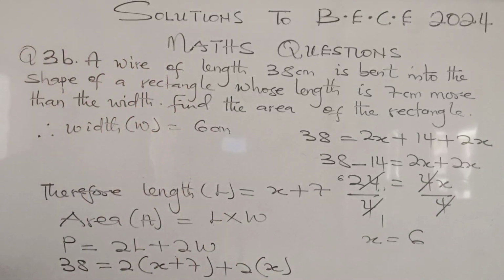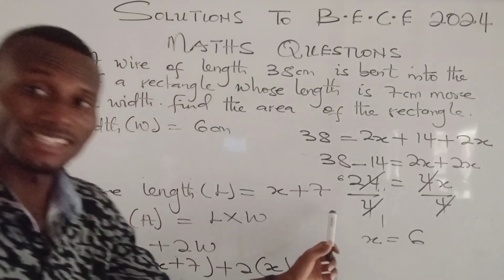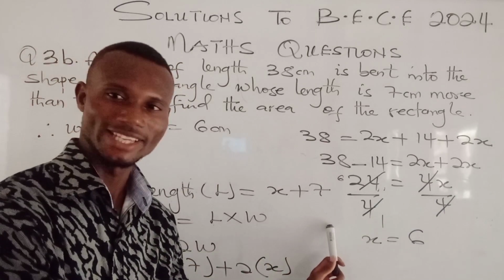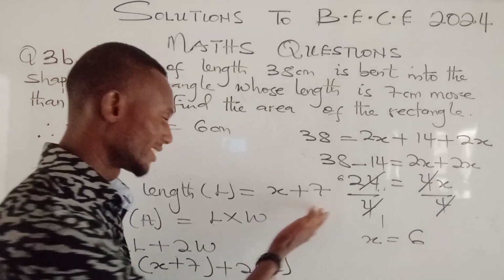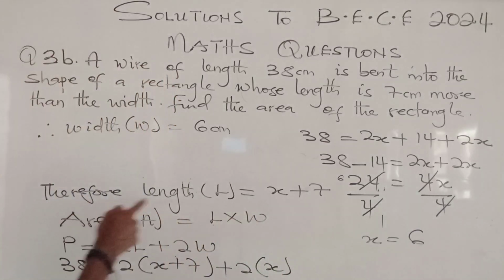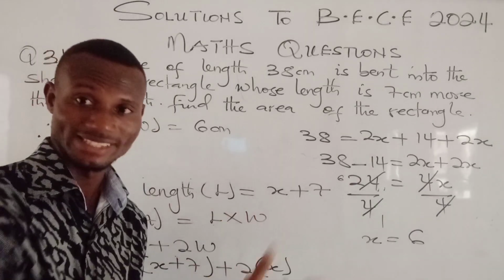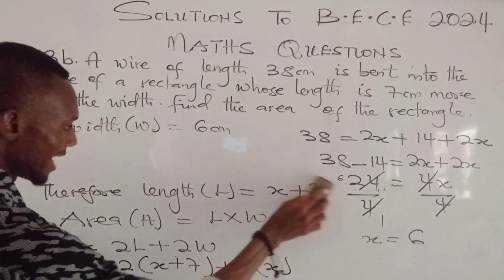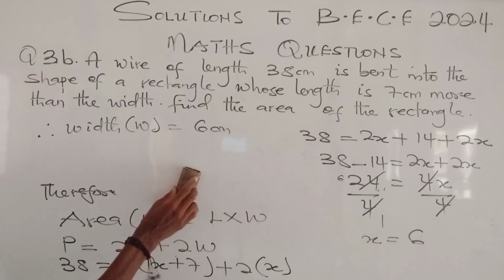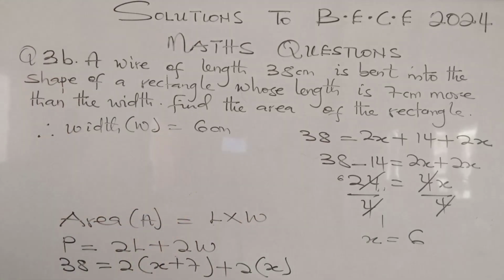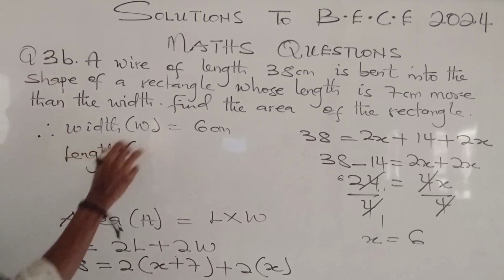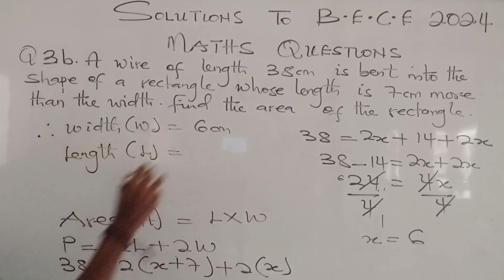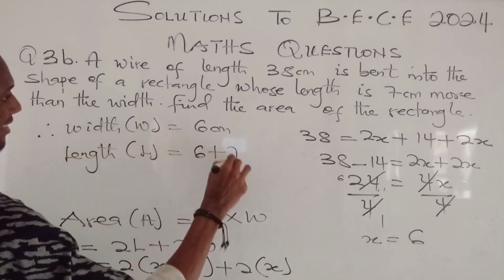Okay, now the length, okay, so let's go. The length is s plus 7. So wherever we see s, we are going to put the value of s there to get the length. Okay, so look at it. So the length equals to s plus 7. Okay, so let me clean here so that we can proceed and get the length as well. So my length, in brackets L, will be equal to 6 plus 7.